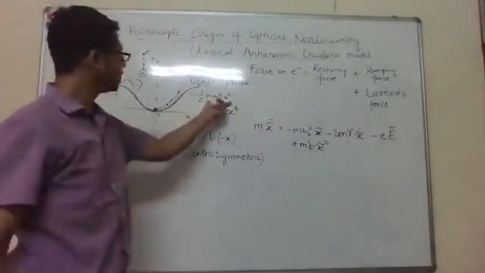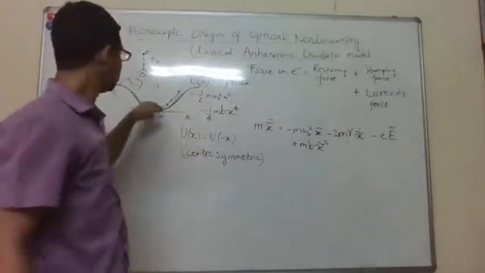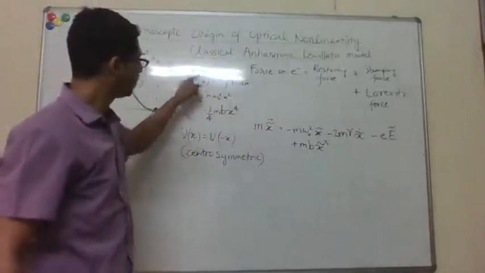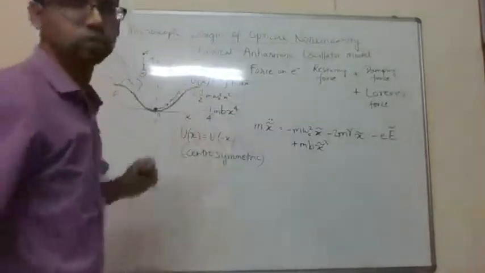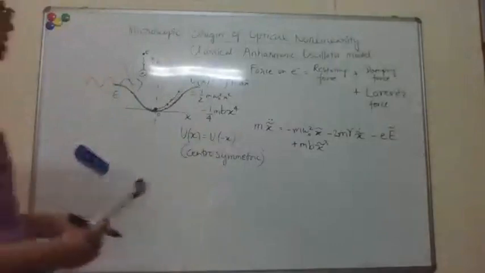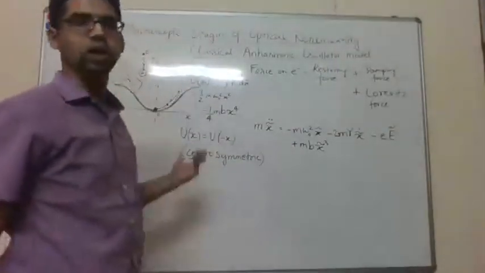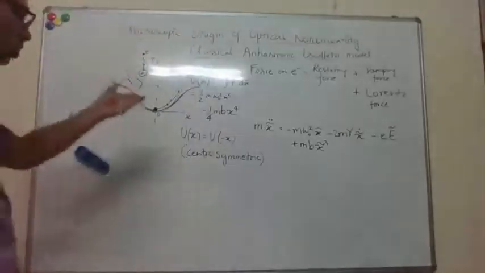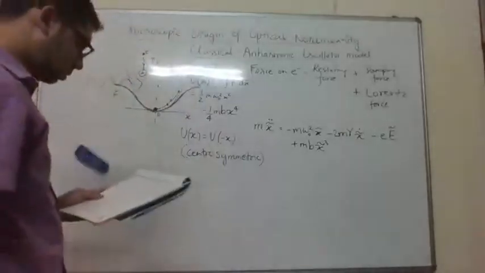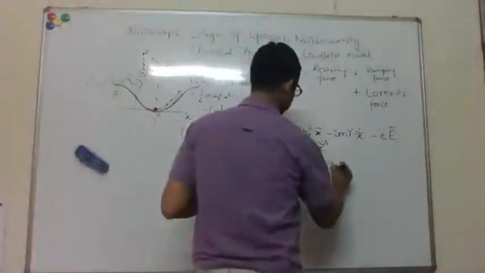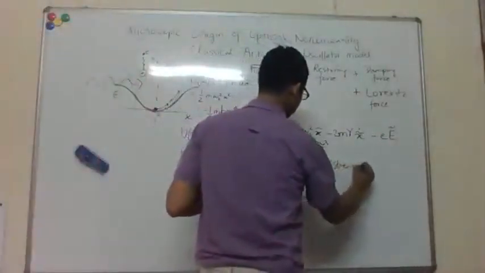So for small values of x, the first term dominates. It looks like a parabola. As you start increasing x, this term starts contributing, it starts deviating from that. Okay, and then this b, the bigger this b is, the more nonlinear the potential, or the more nonlinear the material is, right? So this b is something to do with the strength of the nonlinearity.